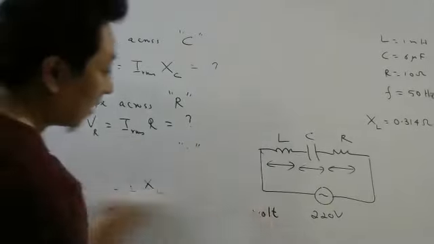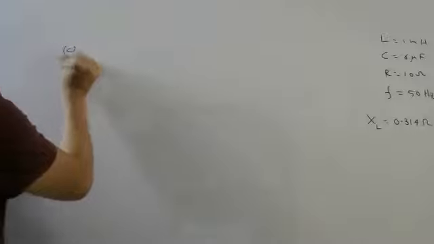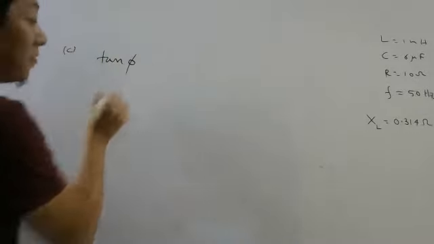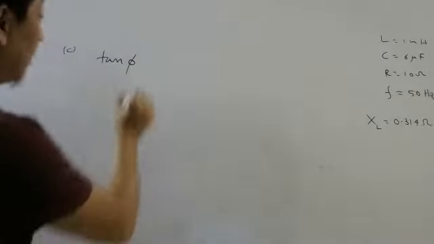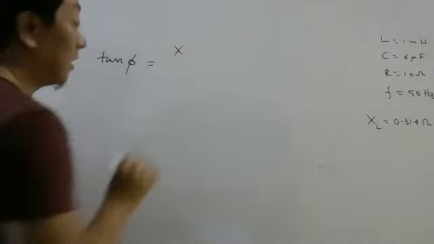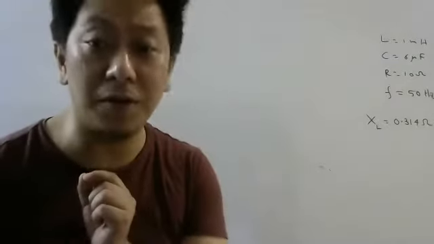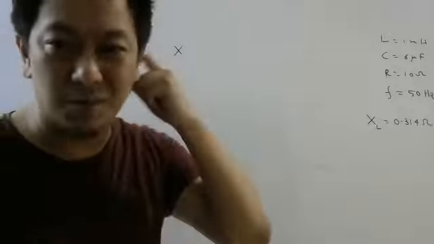After that, what was the phase difference, part C? For phase difference we will use the tan phi formula. Here, be careful: the bigger one you write first, otherwise a minus answer will come, which is not nice.